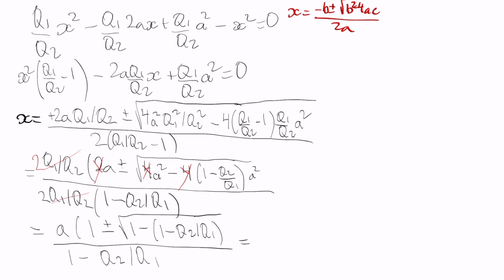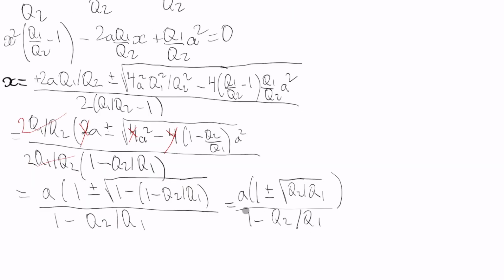Well, let's simplify this further, especially the top part. What is that going to be? A, 1 plus or minus, okay, square root of 1 minus 1, that's just 0, so that will be plus or minus square root of q2 over q1. Okay, nice and simple so far. And then right underneath we are going to have 1 minus q2 over q1.